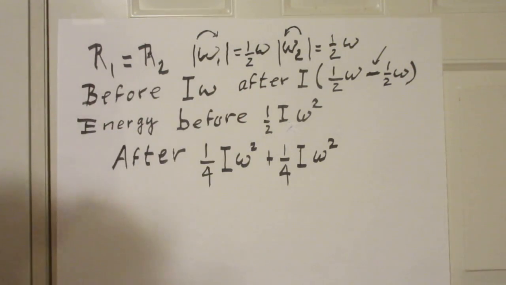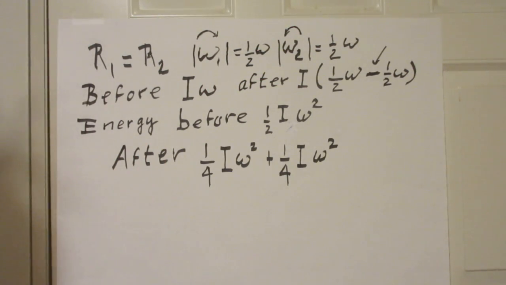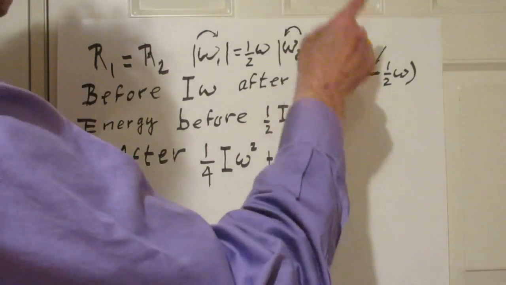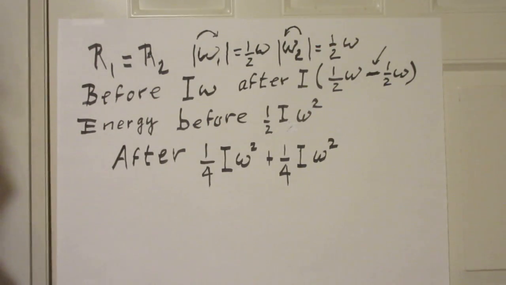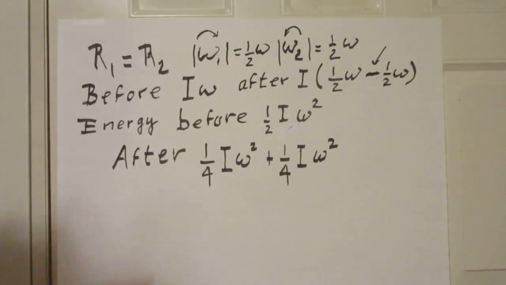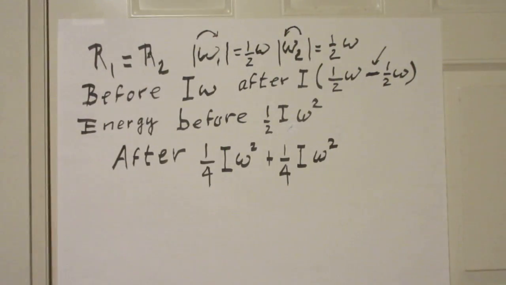In the equilibrium state, which I call here after, disk 1 is I times 1/2 omega, and disk 2 is I times 1/2 omega. But now it is important that you realize they are in opposite directions. So there has to be a minus sign here. And so it's 0. Isn't that wonderful? So all the angular momentum that was there is now 0 for this combination R1 equals R2.